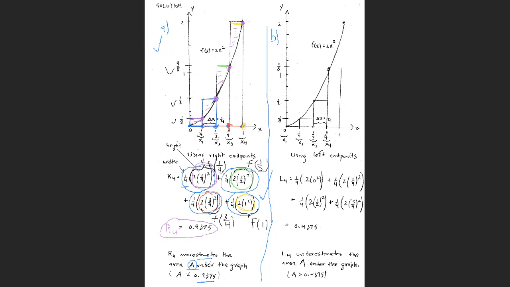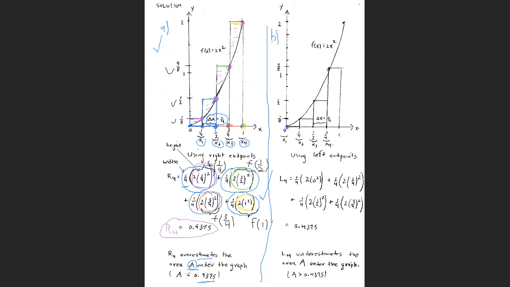Part B now, what we're doing is using the left endpoints. You notice how I label the endpoints x1, x2, x3, x4. And the width of each subinterval I call delta x. That triangle in front of the x is called delta x.